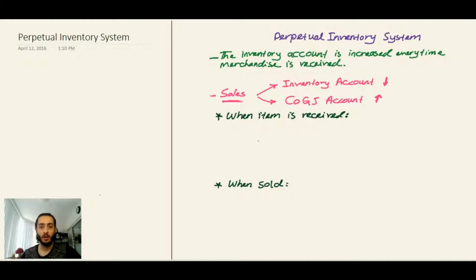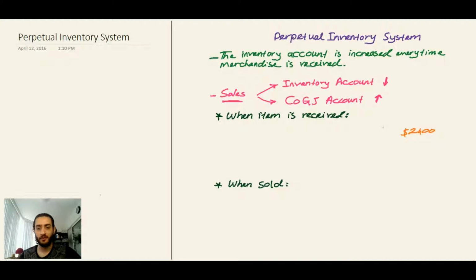Okay, when an item is received, let's assume that we bought $2,400 of merchandise.